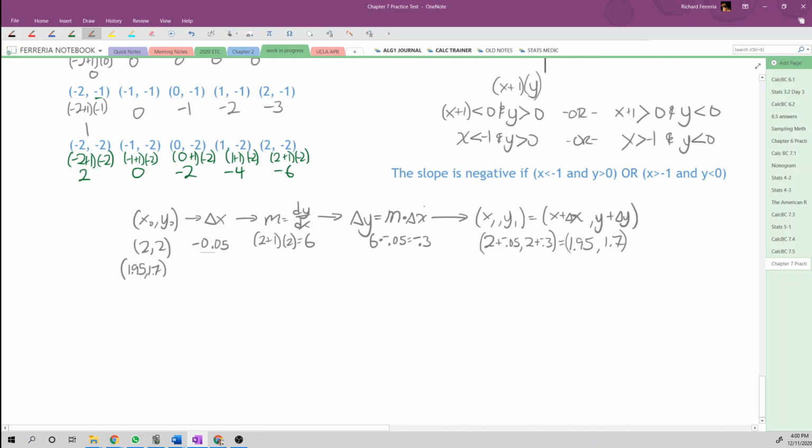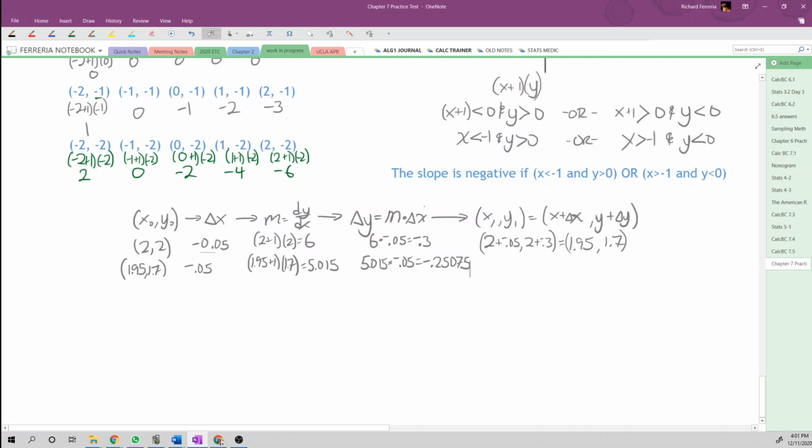My delta x is still negative 0.05. My m this time is going to be a little bit more difficult. That's going to be 1.95 plus 1 multiplied by 1.7, 5.015. Next, we'll take that 5.015 and we'll multiply it by delta x, which is negative 0.05.